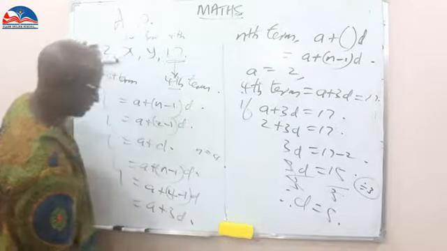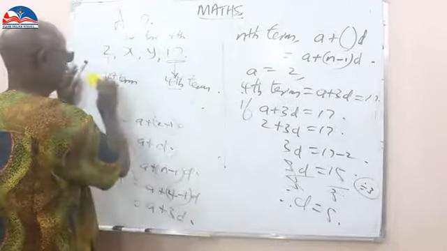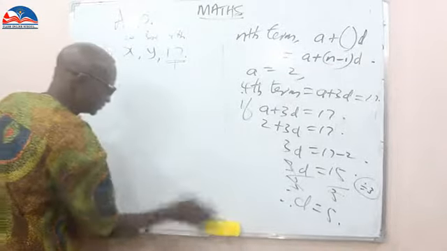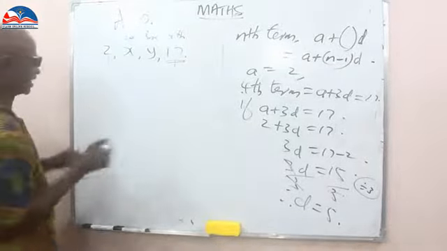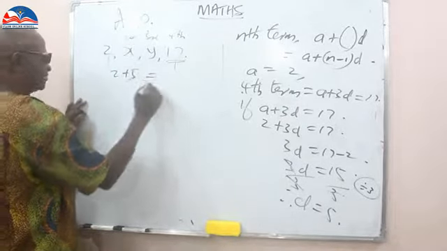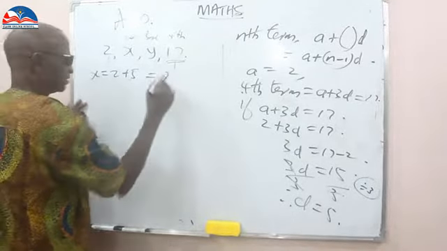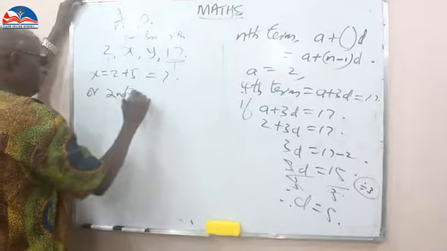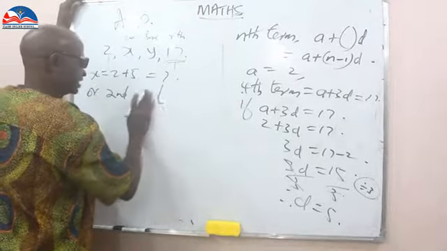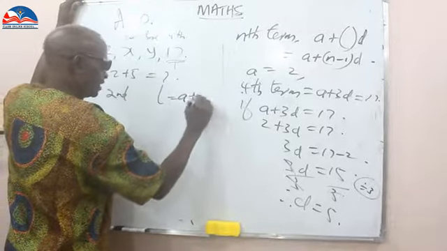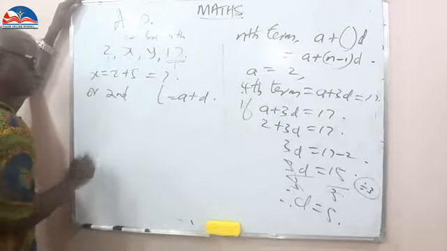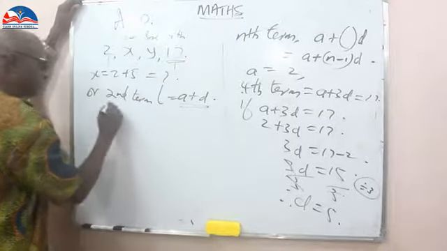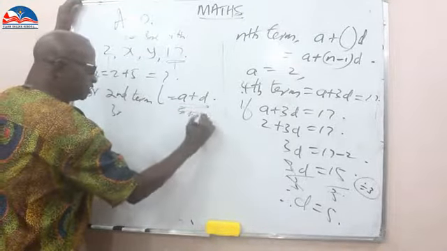If I now want the second term x, I come back here to get the second, third and fourth terms. For my second term, there are two methods. You can say 2 plus 5, since we're adding 5. That's x equals 2 plus 5, which is 7. Or, my second term equals A plus 1D, as we got last time, because the third term equals A plus 2D.